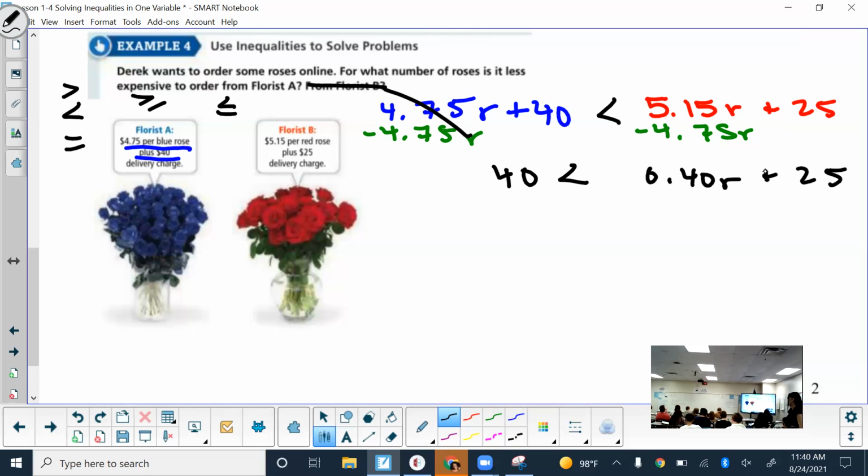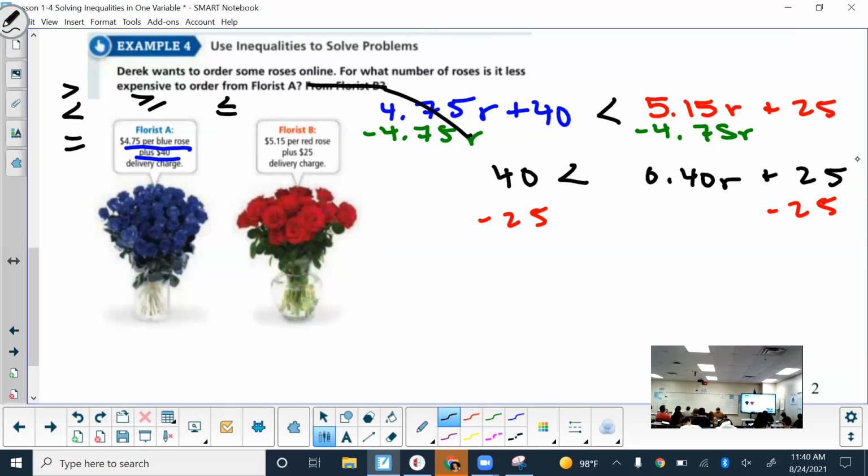Think of it like money. Like 25 cents and then plus 15 cents, so 0.40 r. All right, now start isolating that r. What do I get rid of first? And I get rid of it by, so do that on each side.